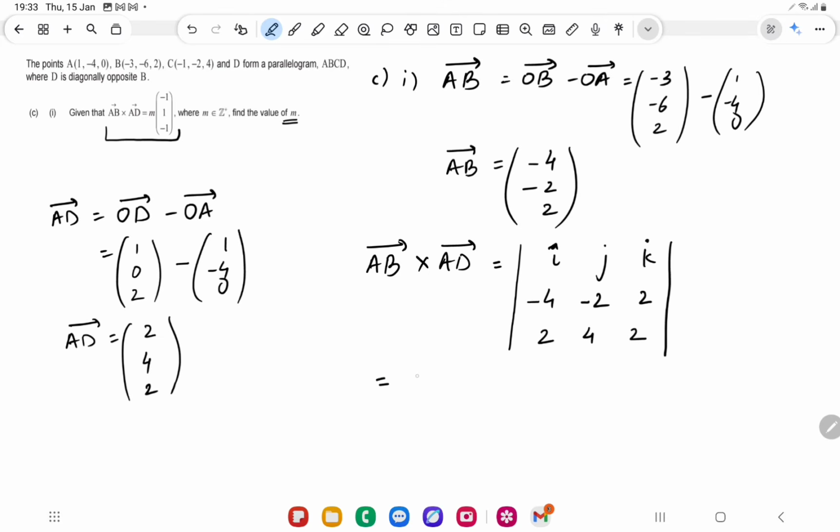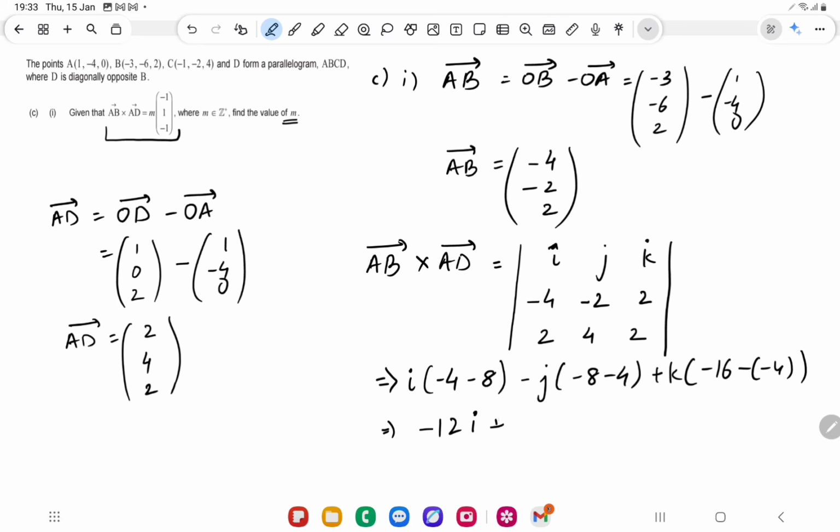Now to simplify this, I can write it as minus 4, minus 8. You can use your formula booklet, this expansion is given in that. Using that expansion, I can write my AB cross AD as this. Now on simplifying, I will get it as 12i plus 12j minus 12k.